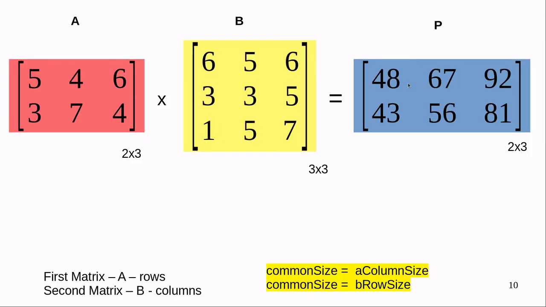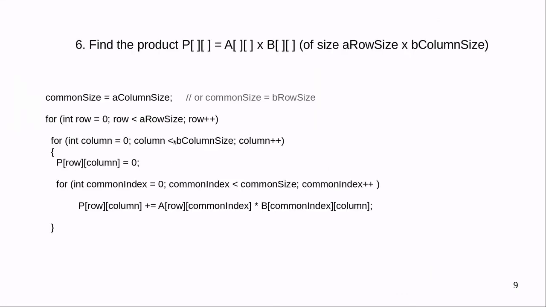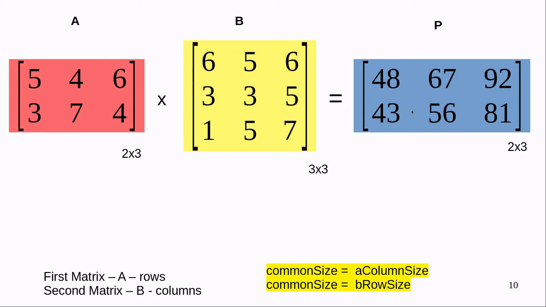Because we know that the number of columns in matrix P is the same as the number of columns in matrix B, the second matrix. So that is why the inner loop is written with column equal to 0, column less than b column size, column plus plus. With these two loops, we can iterate. We will be coming to each of these 6 positions one by one.